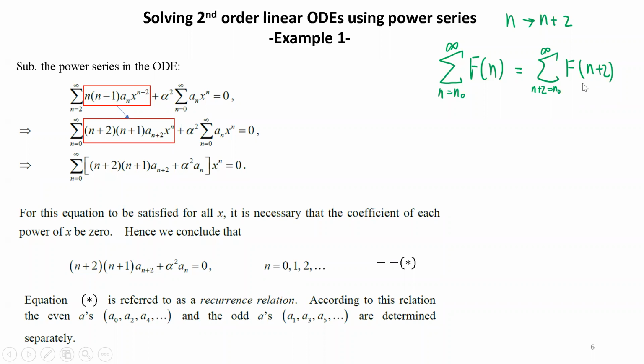Basically I'm just using another index. Now from the right-hand side, I can further write it like this: n plus 2 equals n naught means n equals n naught minus 2.